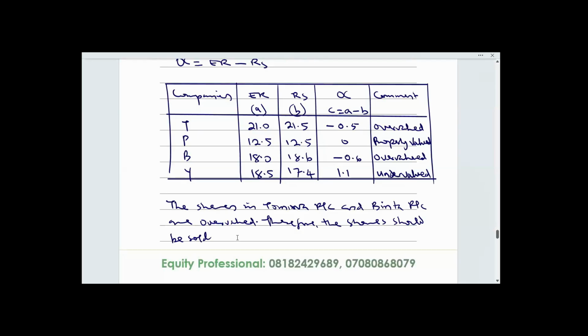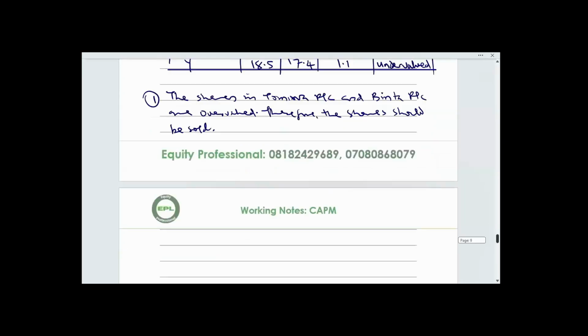All right. The capital asset pricing model suggested, for example for Tomiwa, 21.5%, but the actual is 21%. That means it is overvalued. All right, so we have advised. That's number one. Then number two, we are going to have three different recommendations.